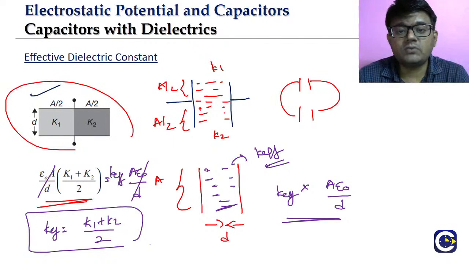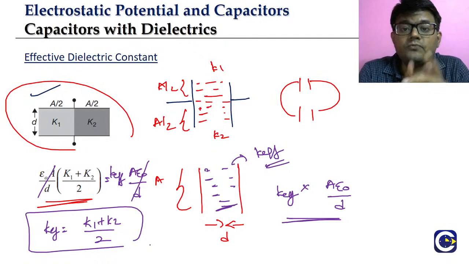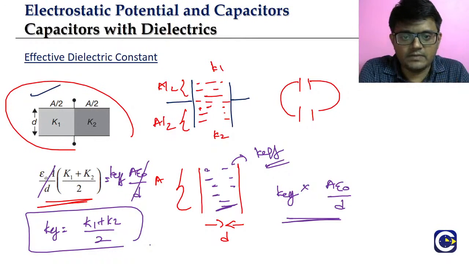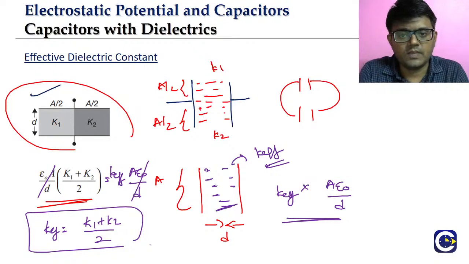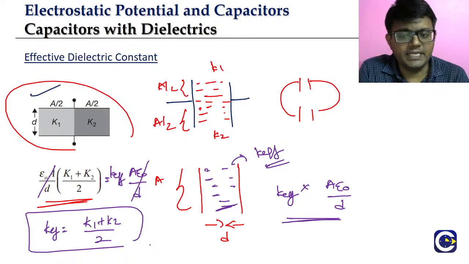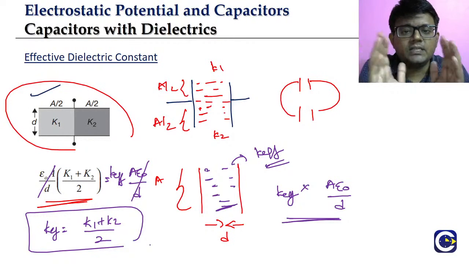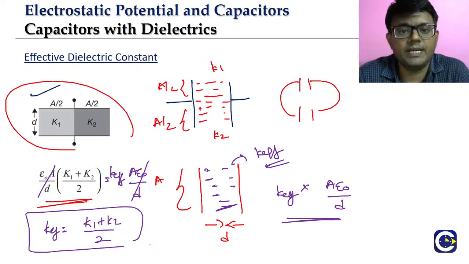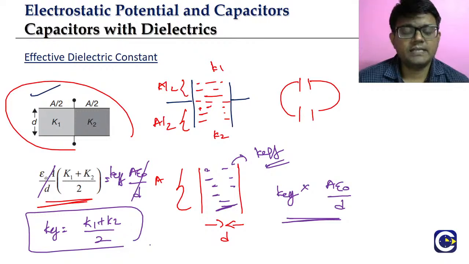To calculate the effective dielectric constant, we should first get the equivalent capacitance, and from the equivalent capacitance we will be able to calculate the effective dielectric constant. This is not like a separate problem. First, we have to find the equivalent capacitance value, and equate it to K effective times A into epsilon naught by D. We remove the whole setup and keep one single medium, and the dielectric constant of that medium we give a name: the effective dielectric constant.